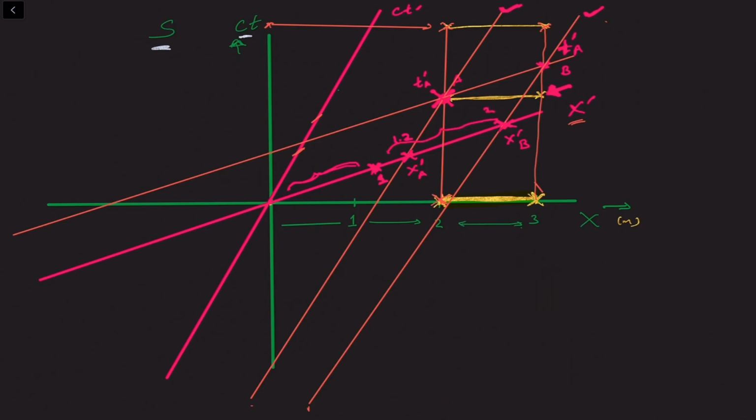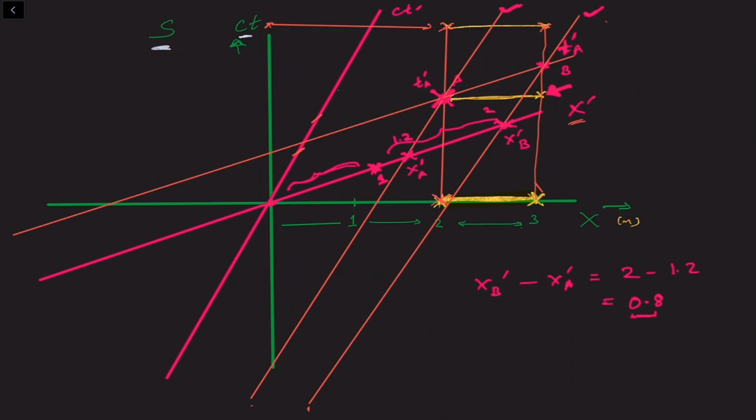So this is 2 units away from x prime equal to 0. So the length x prime B minus x prime A would be something like 2 minus 1.2, which, just examples which I'm making up, you could imagine would be something like 0.8.